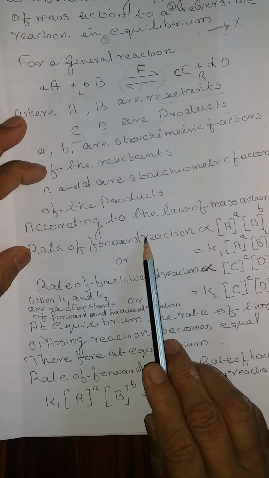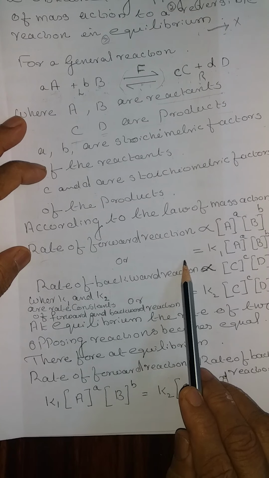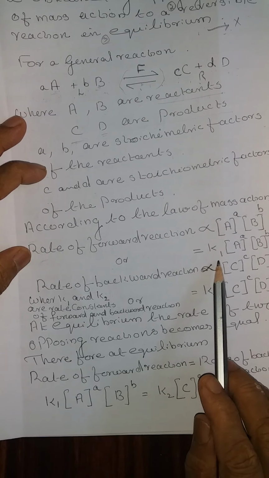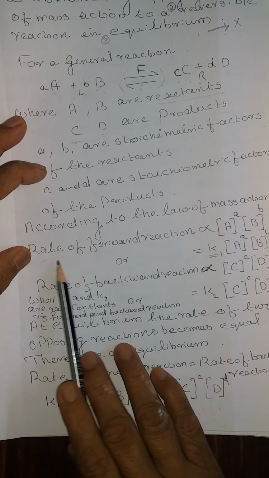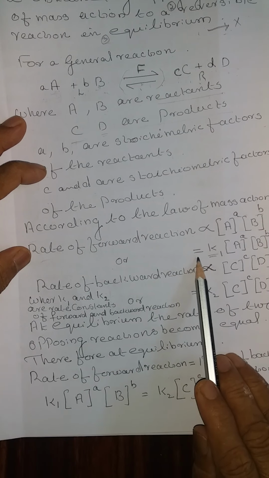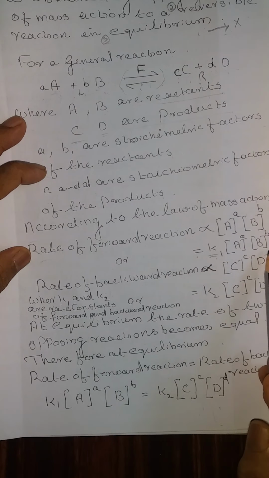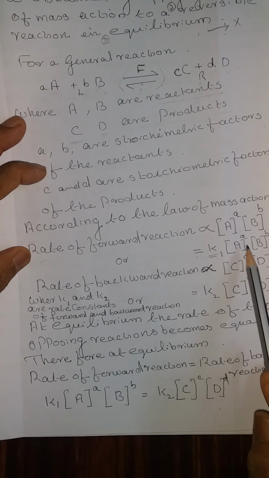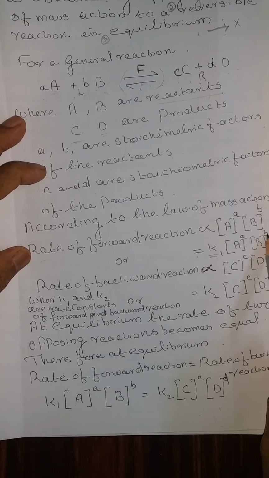This can also be written using a constant. For the forward reaction, we consider K1 as the constant. Therefore, rate of forward reaction is equal to K1 into concentration of A raised to the power a, concentration of B raised to the power b.